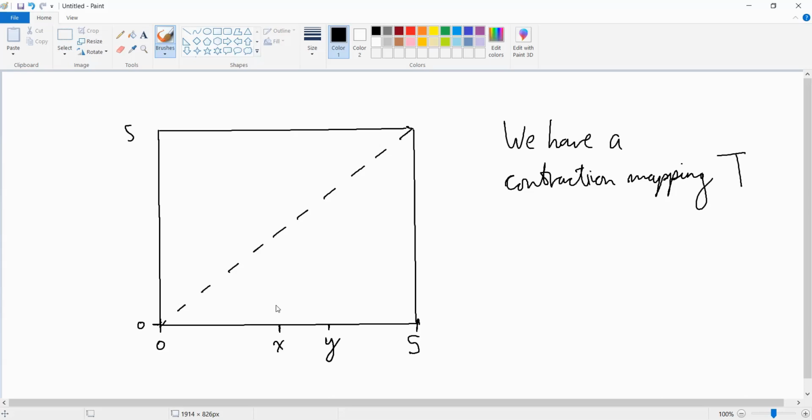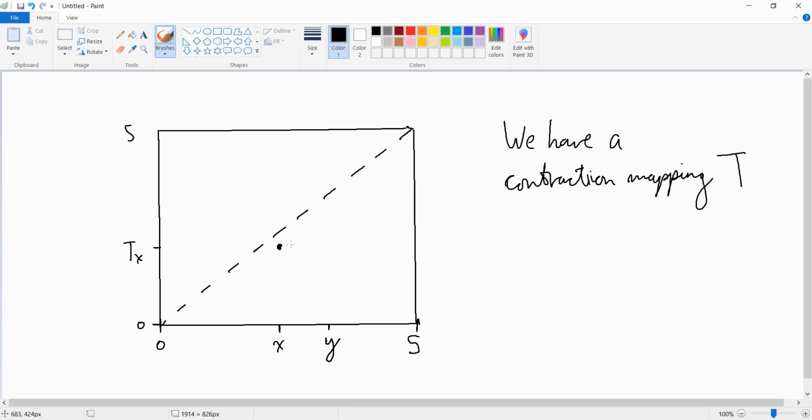So let's say T of x is just here. That means this is T of x over here. Since this is a contraction mapping, T of x must be closer to T of y than x is to y. In other words, the vertical distance between Tx and Ty must be less than what we have here.